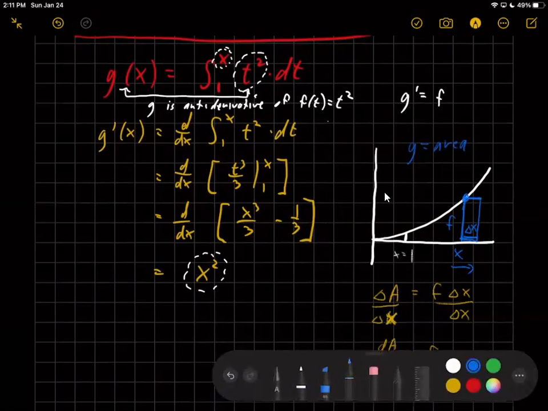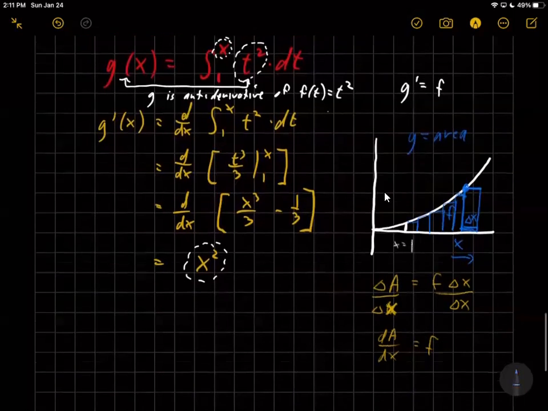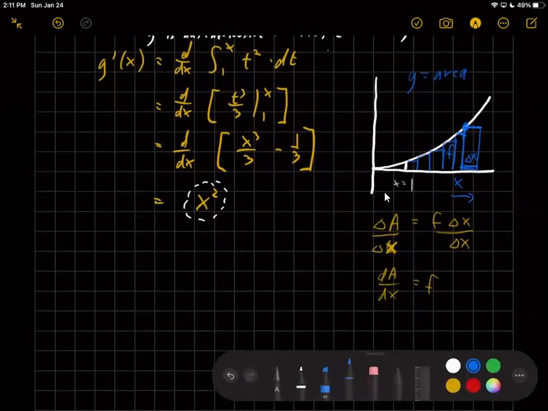If we were to put little rectangles in, the growth rate is small when f is small, and the growth rate gets bigger as f gets bigger. So the rate at which the area is growing is simply the value of the function. Now this is useful if we were working with a function where we couldn't find the antiderivative. There are functions where that is true.